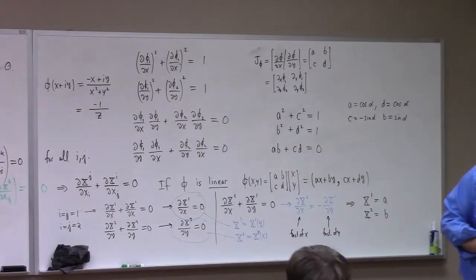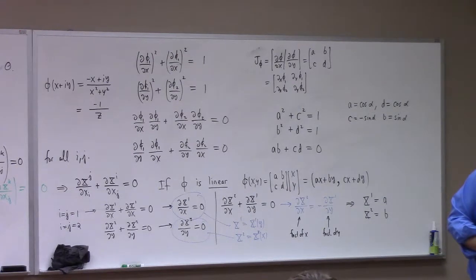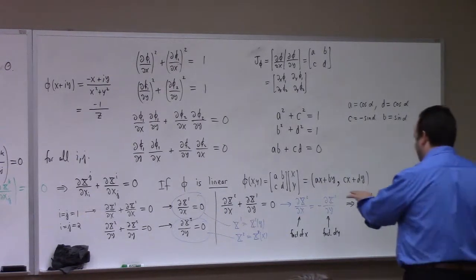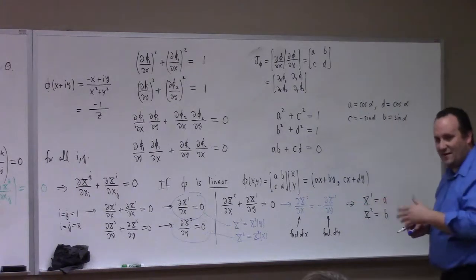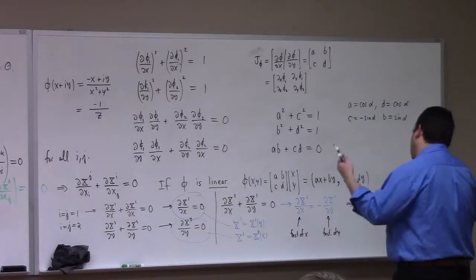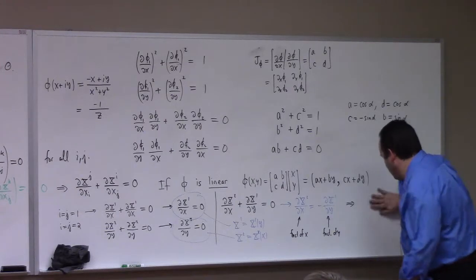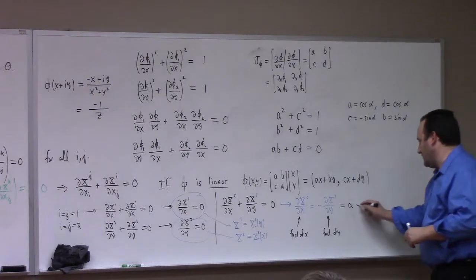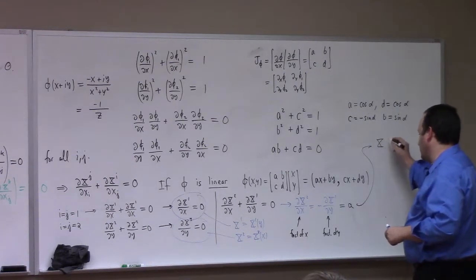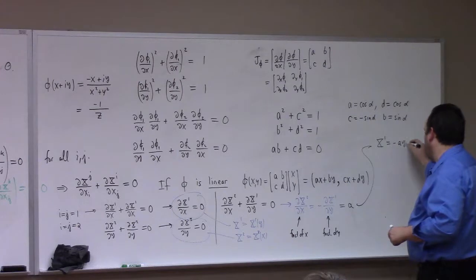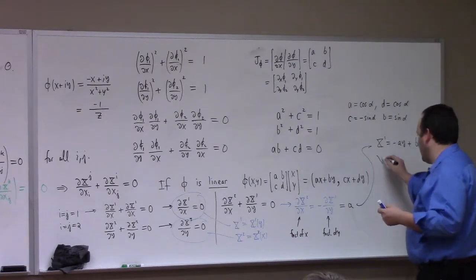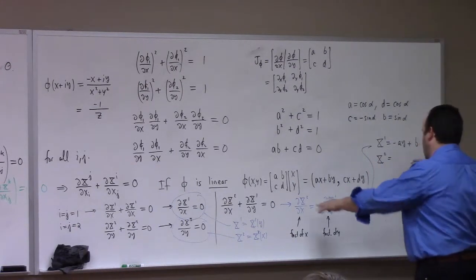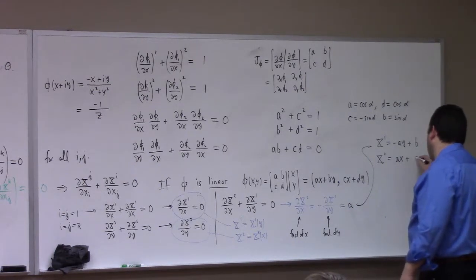Oh, I'm sorry, that's not quite accurate. I'm misreading it. It says the derivatives. So this is equal to a. Okay, and so integrating that gives me that x1 is equal to minus a y plus b, and x2 is a x plus c, something like that.